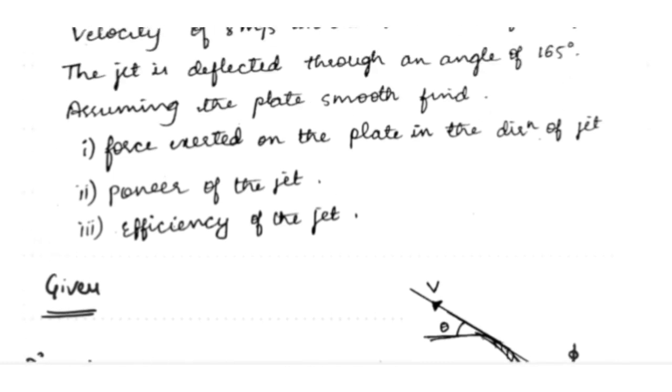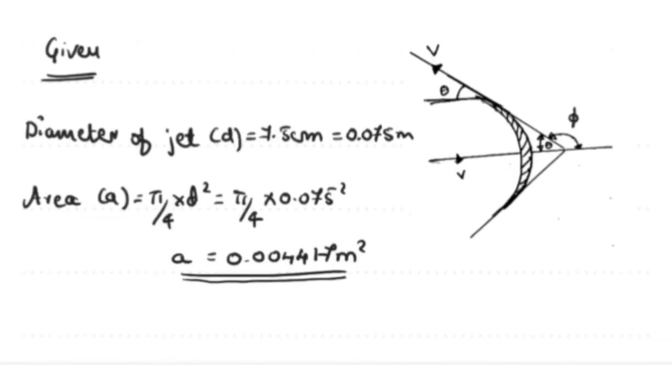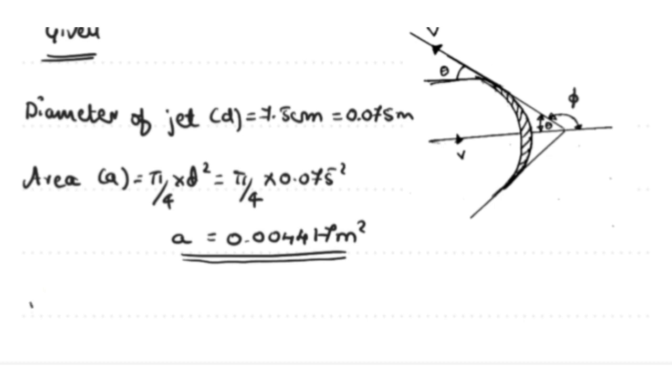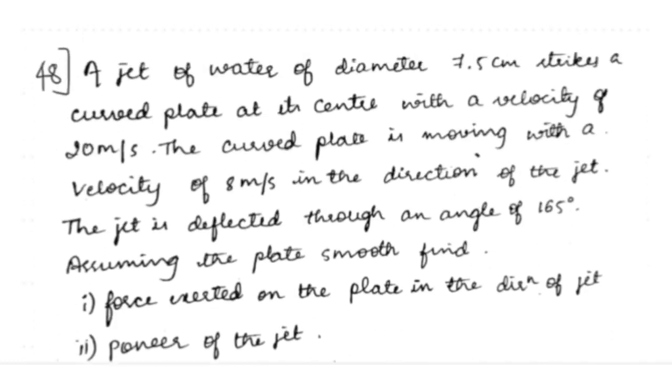Next, what is given? The jet is striking the curved plate at the center with a velocity of 20 meter per second. That is nothing but the velocity of jet, v is equal to 20 meter per second.